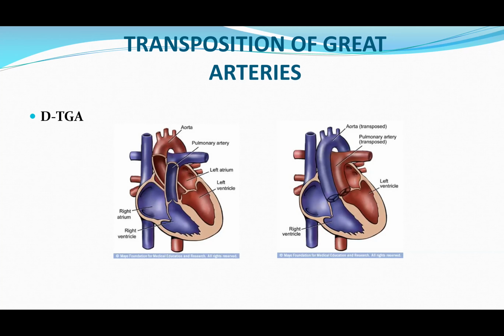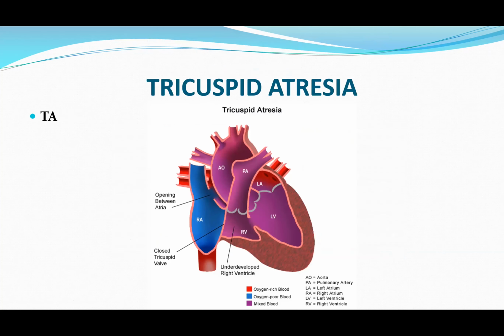Now, the next group, maybe the tricuspid atresia. These patients are born blue. One of the initial procedures, a Glenn, is where we tie the pulmonary artery to the subclavian to get blood to the lungs.